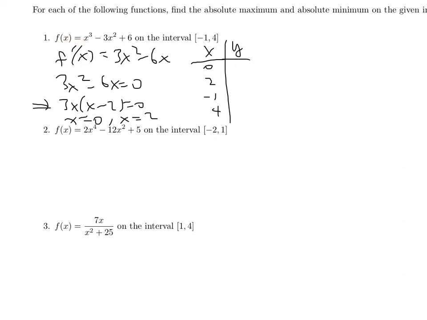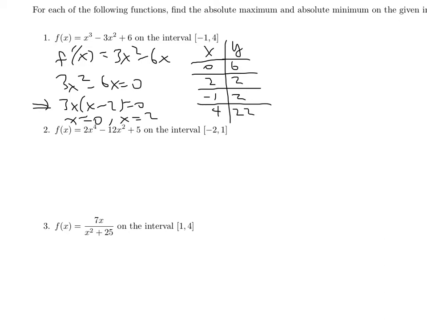So f of 0 is 6. f of 2 will have 8 minus 12 is -4 plus 6 is 2. f of -1 will have -1 minus 3 is -4 plus 6 is 2. And f of 4 is 4 cubed is 64, minus 48 is 16, plus 6 is 22.